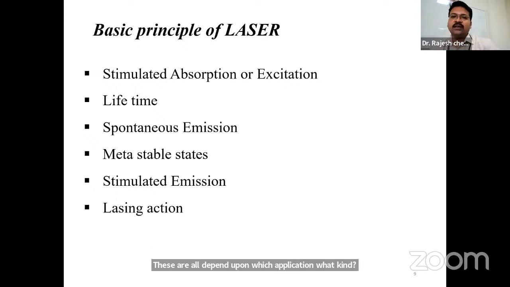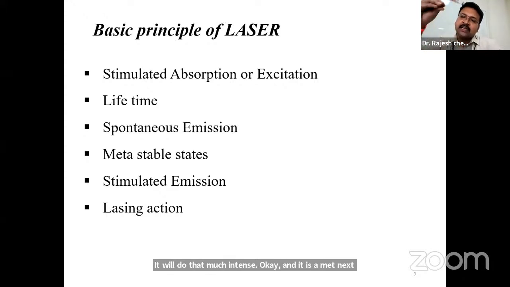Okay, so here we have stimulated absorption. What is the basic principle and what is the lifetime? How much time our photon takes to excite from the ground state to the excited state and how long it will stay there is very important in a laser. The longer it stays, the more intense the energy it gives. Next is spontaneous emission.